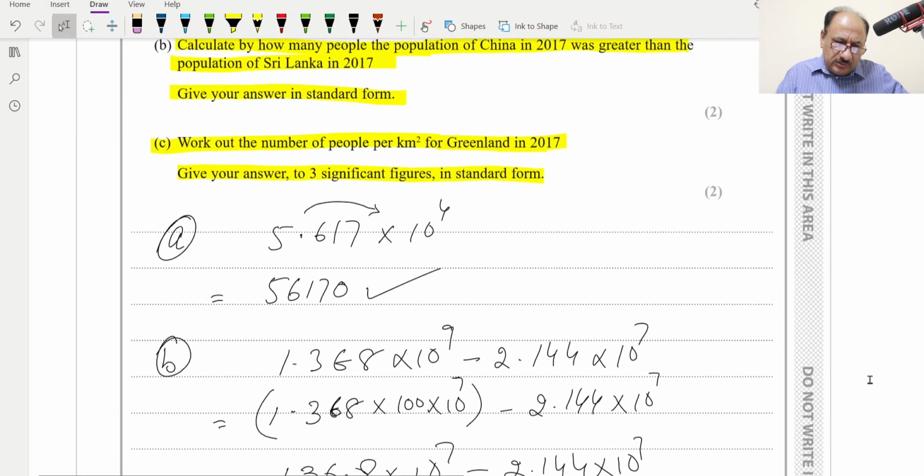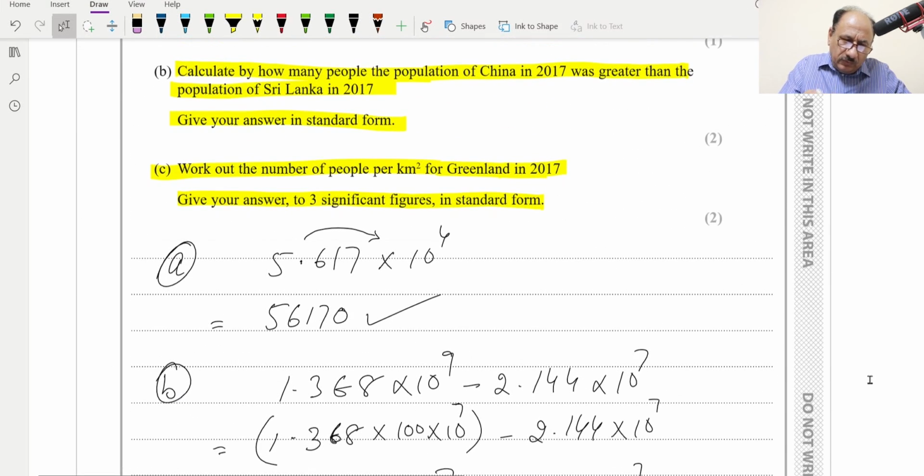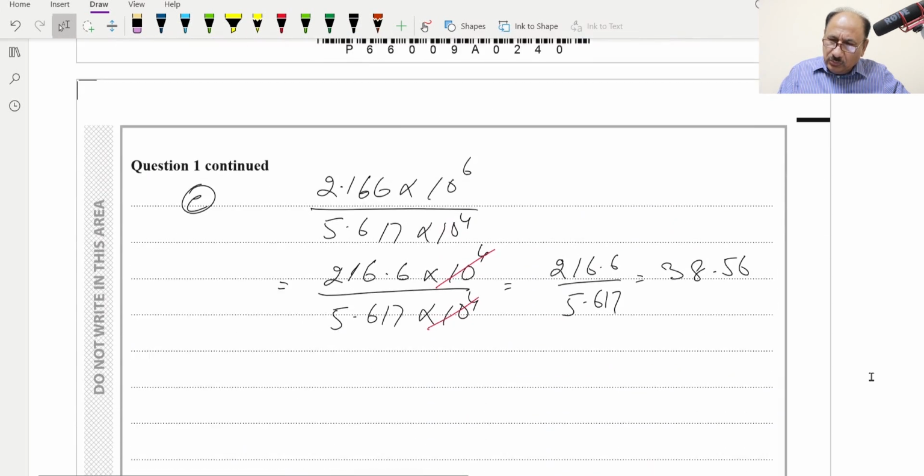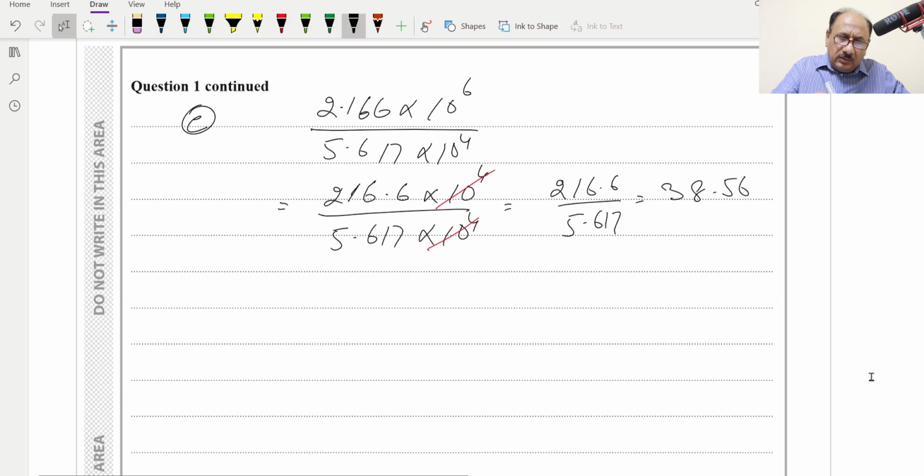And for the answer we have the instruction that we have to provide it in 3 significant figures in standard form, so this will be 38.6. This will be the approximate answer which we have done.